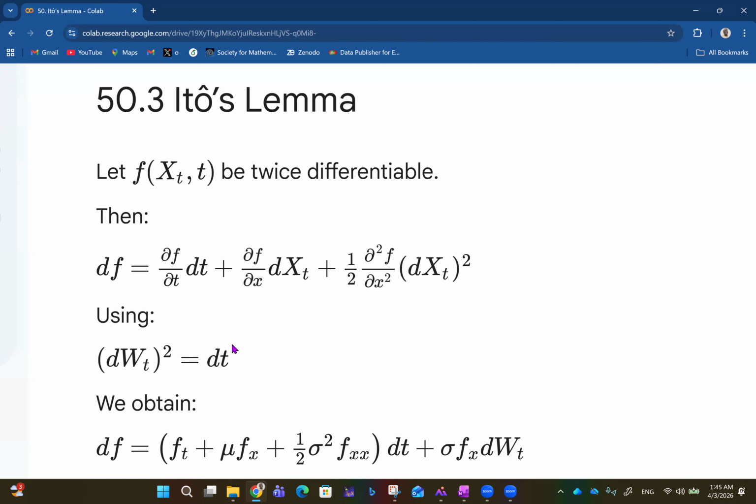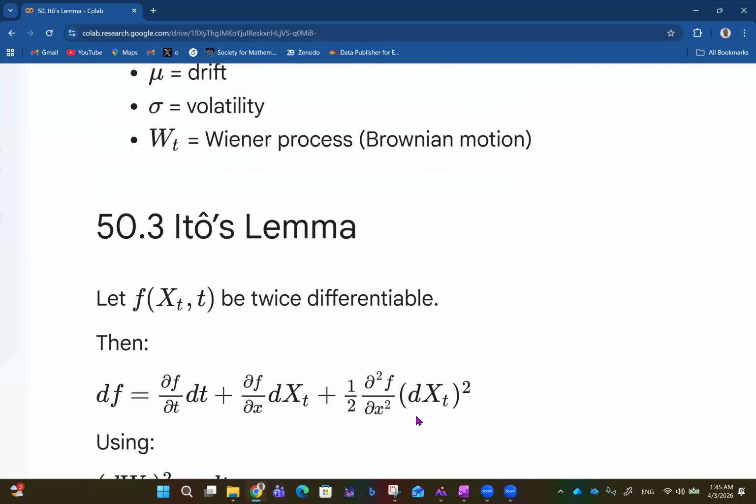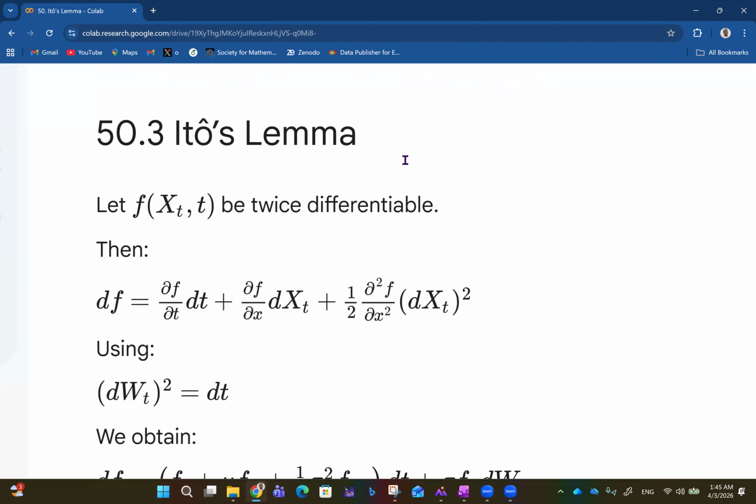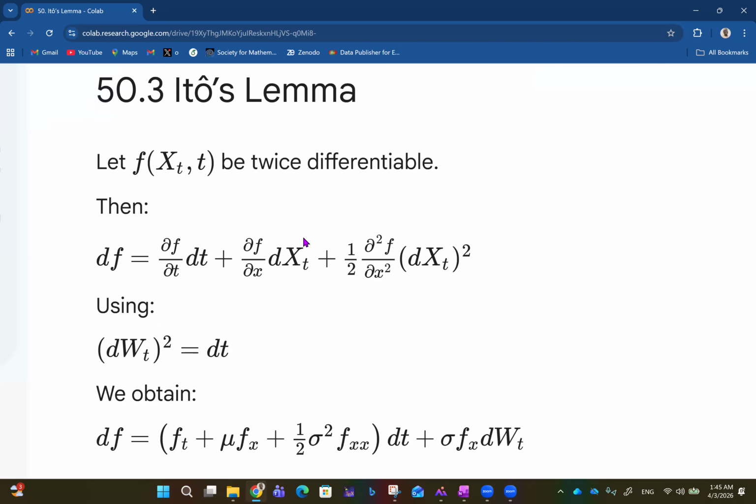So we are just tidying up this whole thing, knowing that dX_t squared is going to be sigma squared dt. Here we are using X_t and W_t interchangeably, knowing that X_t is coming from here. So anywhere we see X_t, we put that W_t thing there, and we try to tidy everything up like this.